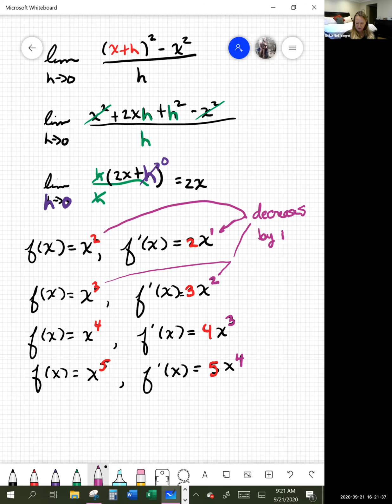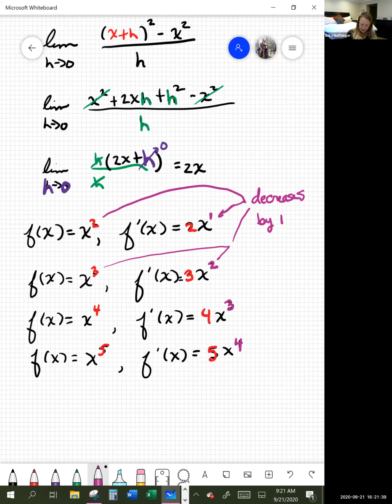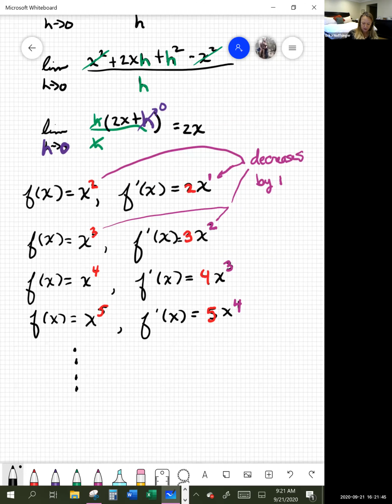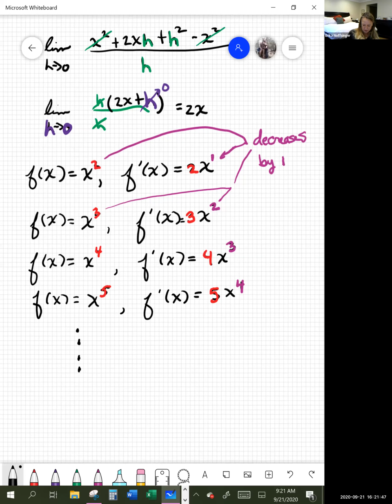So we should be able to, hopefully, come up with a formula. If f of x is equal to x raised to some nth power, then f prime of x should equal, well, remember from here, the exponent just came down in front.